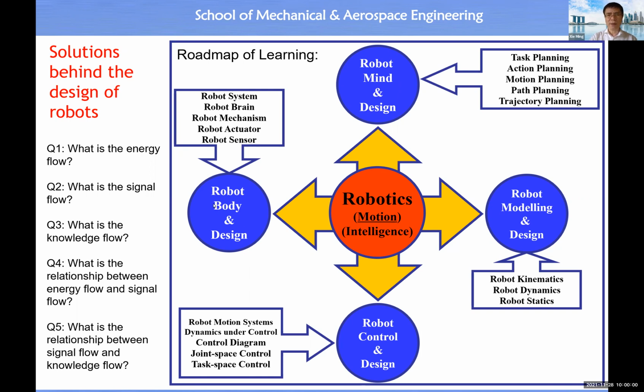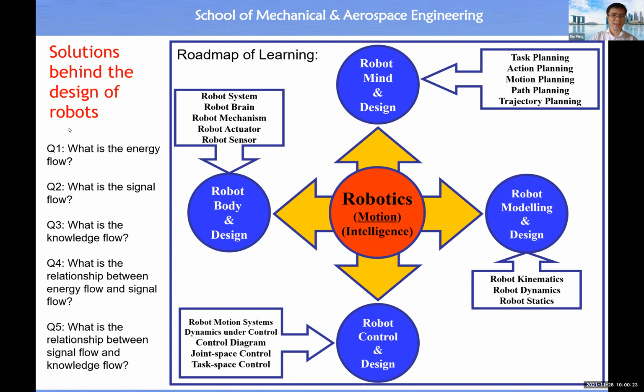Module 2 will enable you to design the robot's body. Module 3 will enable you to design the digital twin or simulator of your physical robot. And module 4 will enable you to design the software aspect of a robot's control system.